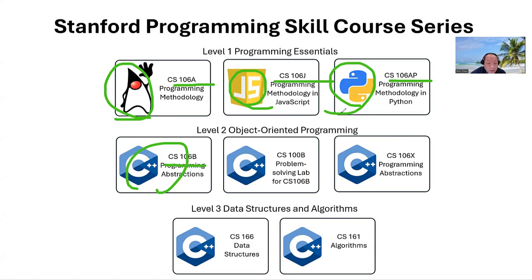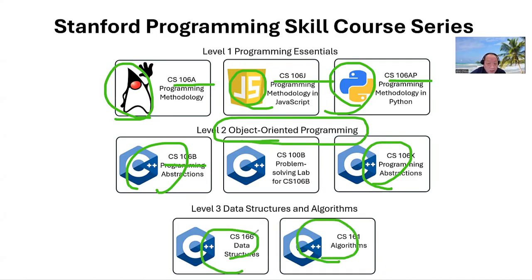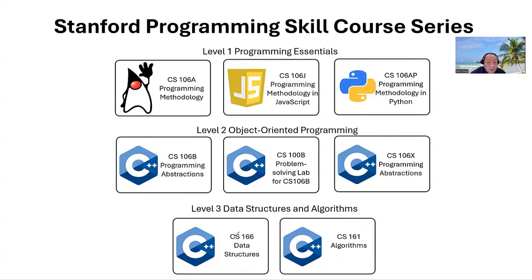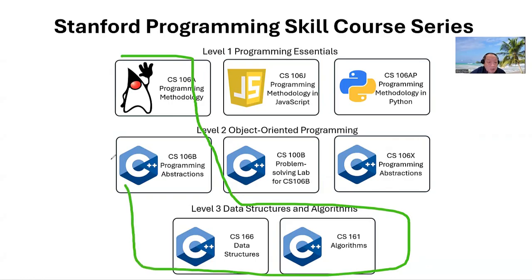These different languages are level 1, basically they teach you different kinds of level 1. And then there is a level 2 course right here, which is object-oriented programming. And then they have level 3 data structure and algorithm in 166 and 161. So they have quite many courses, but usually they don't teach you so many. Usually a lot of students just take one of these, because you don't have that much time in college to learn everything.